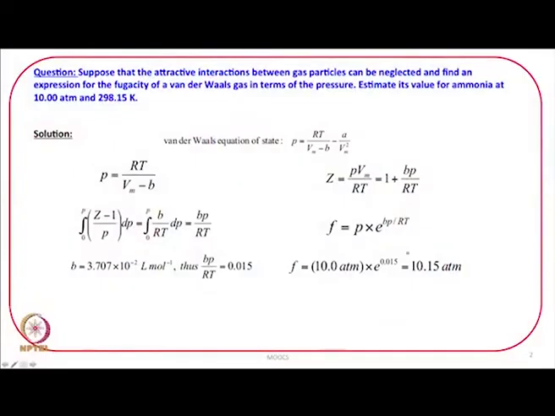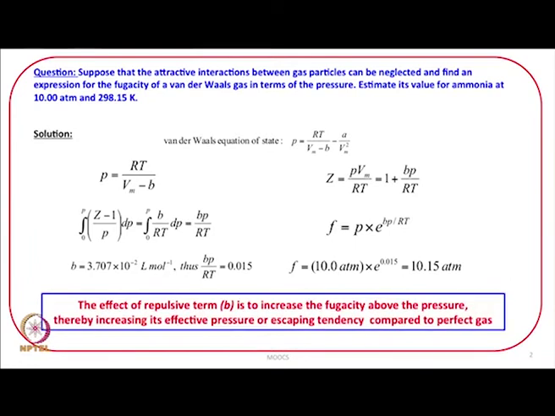Fugacity will be more than pressure, and that is what we see, that fugacity is 10.15 atmosphere, whereas the given pressure was 10 atmosphere. So, escaping tendency is more, and that is what is commented over here, that the effect of the repulsive term b is to increase the fugacity above the pressure, thereby increasing its effective pressure or escaping tendency compared to the perfect gas.